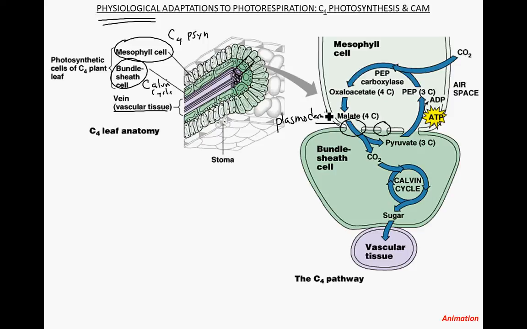Okay. And so these C4 plants that live in hot, dry environments have this other enzyme, which is PEP carboxylase. PEP carboxylase has a much higher affinity for only CO2. Right? So we can consider this only binding CO2, and that's going to fix it to this molecule PEP, which is a 3-carbon molecule.